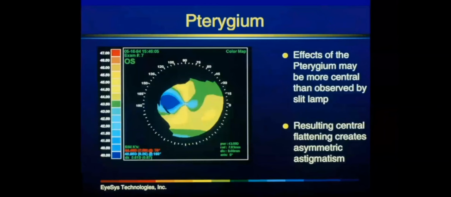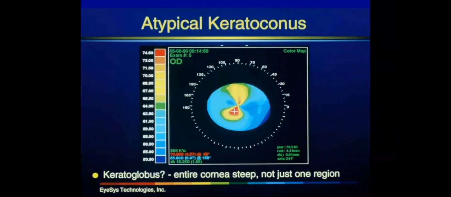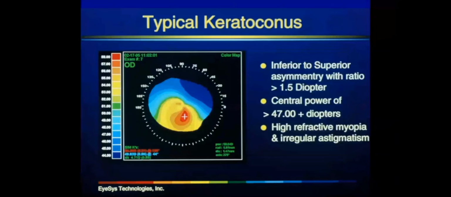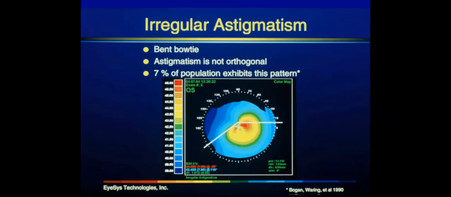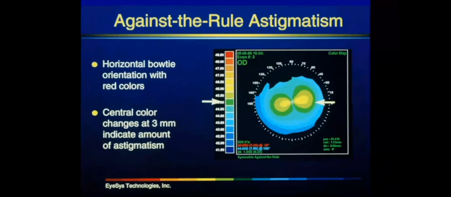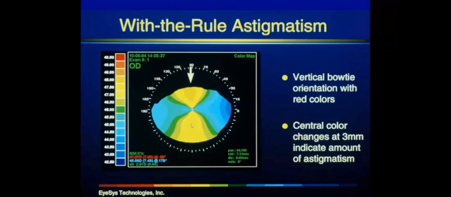These are just some examples of topography, but the key is when you spot something that doesn't look like this regular bow tie shape, then it may be classified as irregular astigmatism.